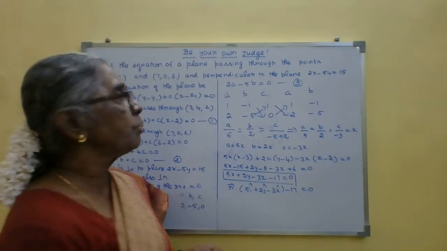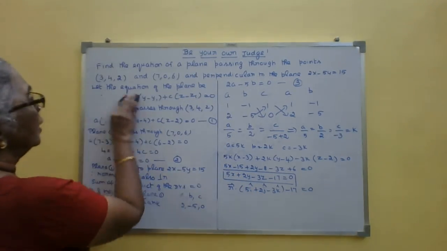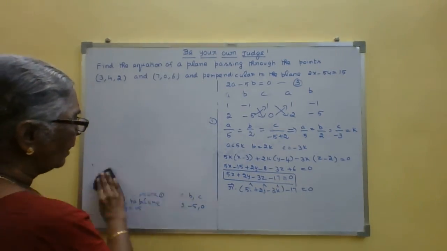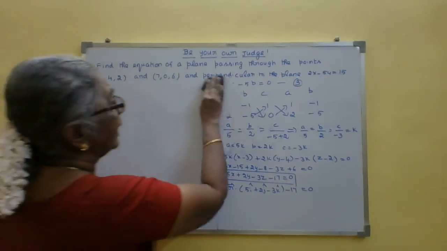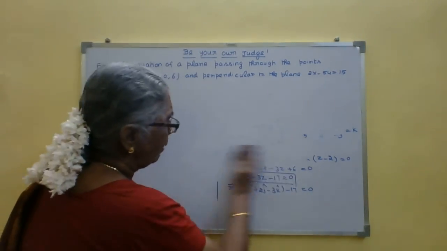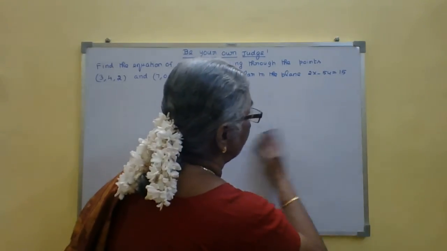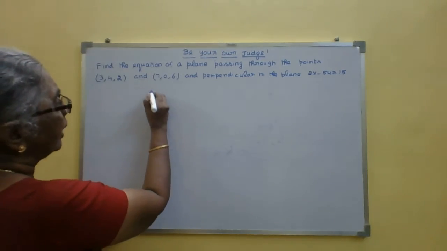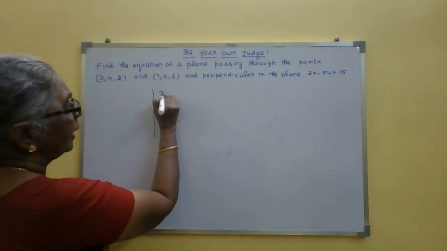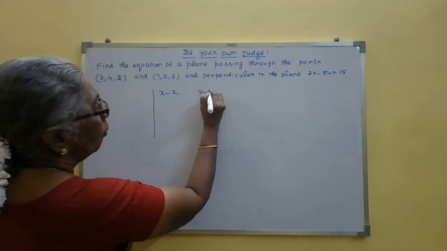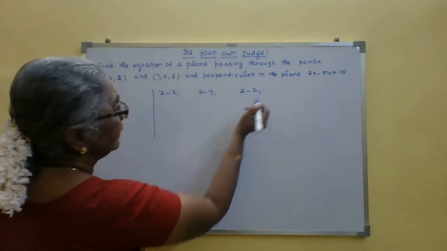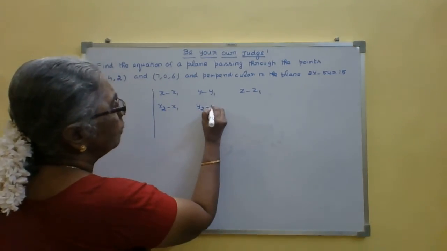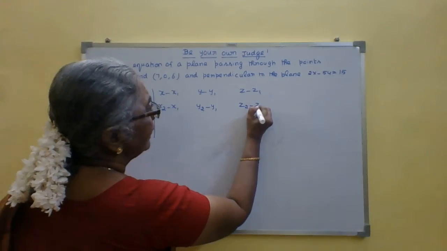Now the easiest model will be, supposing they give you 3 points and ask you to find the equation of your plane passing through the 3 non-collinear points. If you know the formula, that itself is enough and you can yourself work. So the equation of the plane passing through 3 non-collinear points, you have to have a determinant. Okay, you will get x minus x1, y minus y1, z minus z1. Second row, x2 minus x1, y2 minus y1, z2 minus z1.